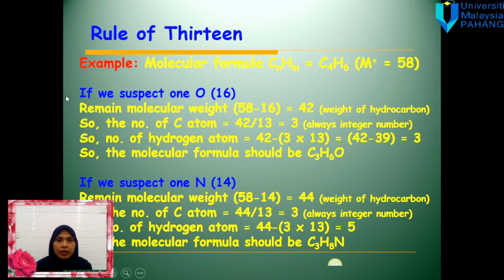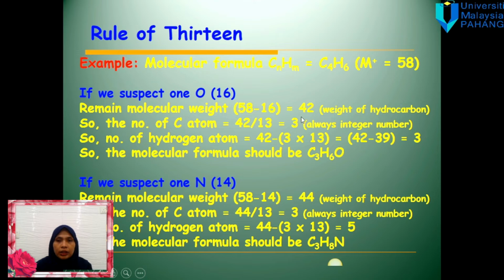See the example for molecular formulas of compounds with a heteroatom. If we suspect our molecule to have one oxygen, CnHmO, the molecular weight 58 minus 16 is the balance.